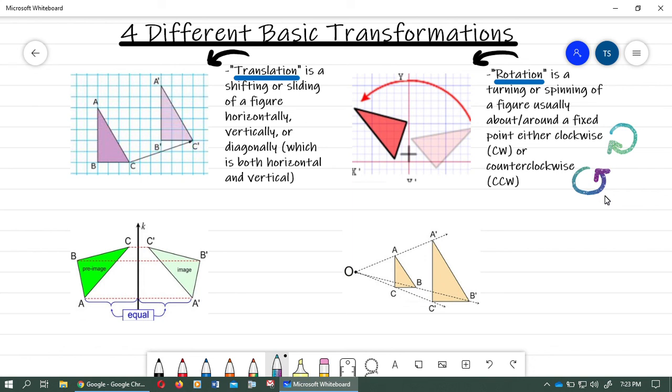Or it could be some other, I wouldn't say just some random line, but again, it could be any line. It could be some other type of vertical line that a figure is being reflected over, especially if we were talking about a coordinate plane. It could be some other type of vertical line that's not the y-axis. It could be some other horizontal line that is not the x-axis. And again, they could reflect it over a diagonal line as well.